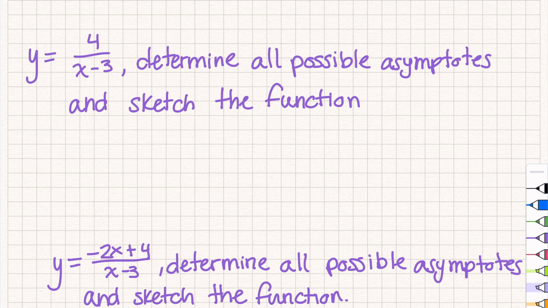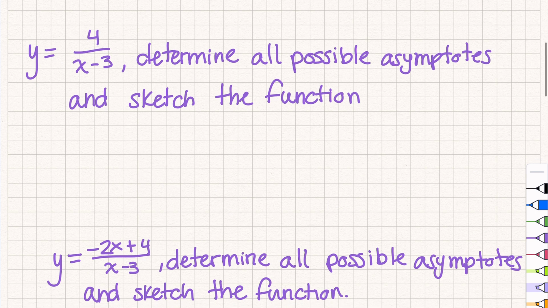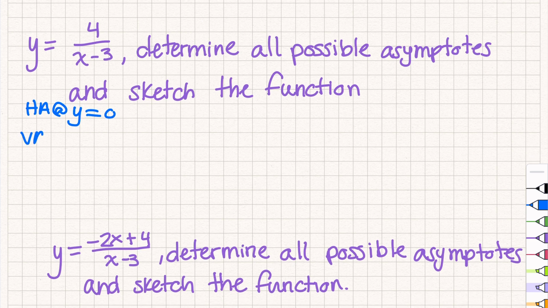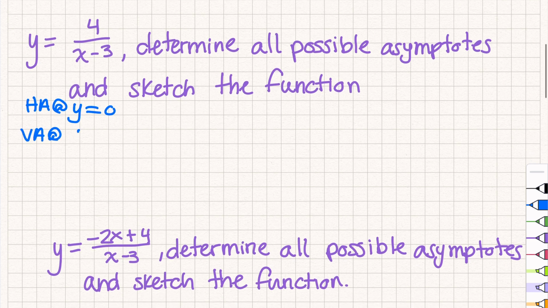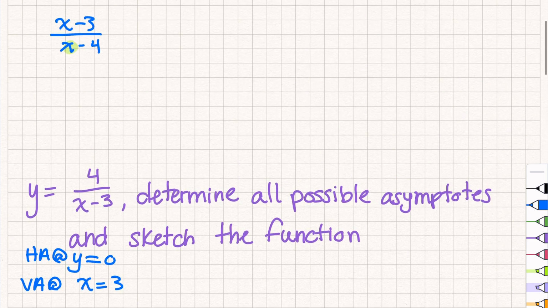In this case, the degree in the numerator is 0, whereas in the denominator it's 1. So we're going to have a horizontal asymptote at y equals 0. Our vertical asymptote, well, what number will give us a value of 0 in the denominator? When x is equal to 3.